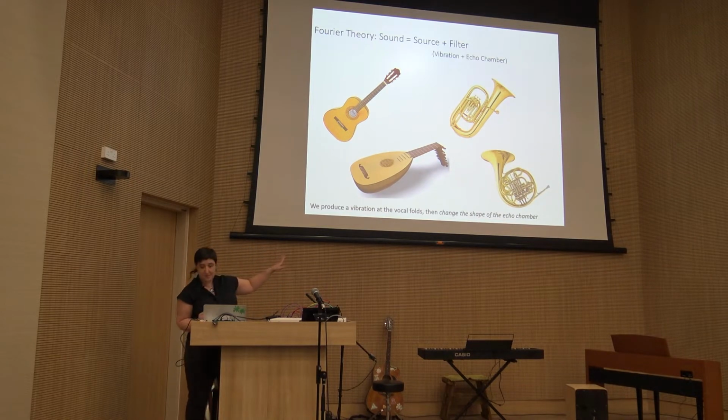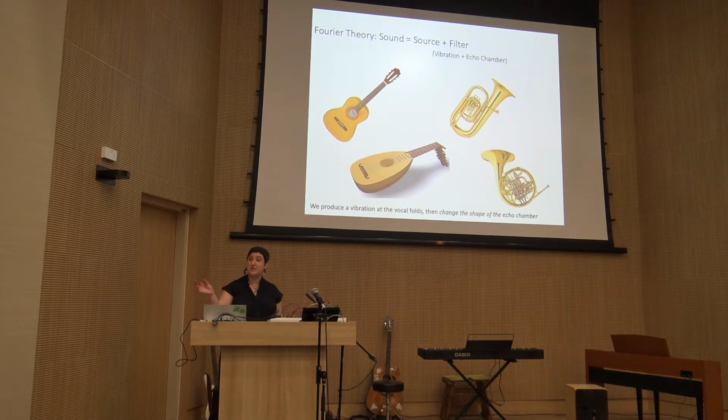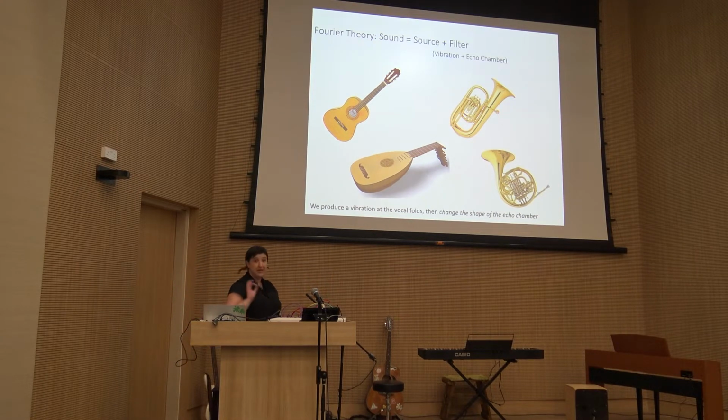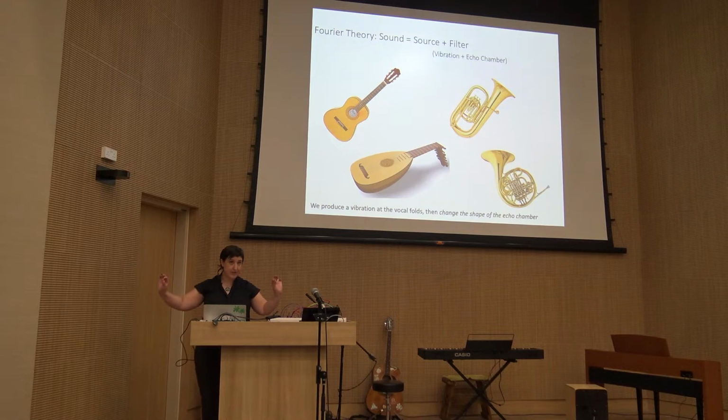We can imagine something similar when we think about two instruments that might produce the same pitch, but their timbre may be very different, right? Even though it's the same fundamental frequency, the harmonics of the resonating cavity are different. Good, I've got some nods, yes.